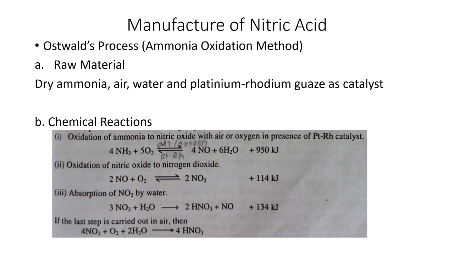If you need it for your experiment, you have to go there, because these acids are very dangerous for your body. If it spills, it will cause corrosion or irritation. So they are important products of the chemical industry.